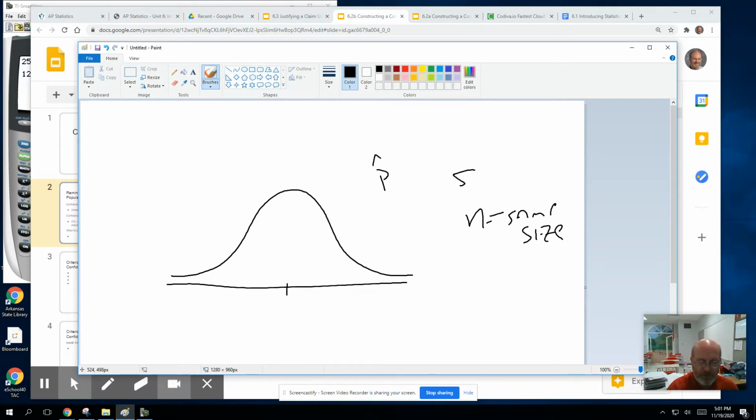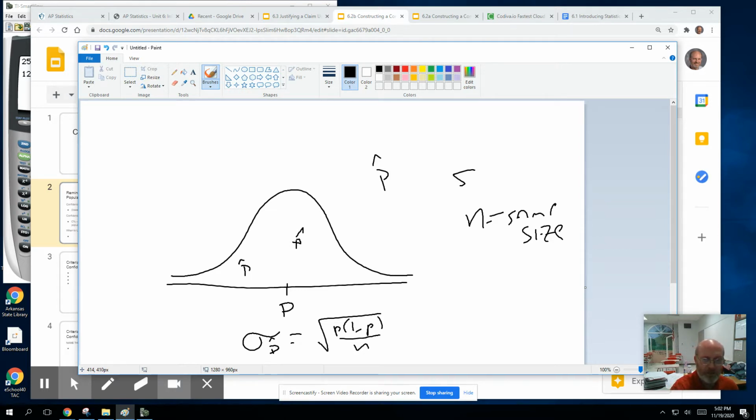And we said, if we satisfy those conditions, we'll talk about it in a few moments, that sampling distribution is going to be approximately normal, that the mean is going to be the true population parameter p, and that the standard deviation for that p-hat is going to be equal to the square root of p times 1 minus p divided by n. Recall that sampling distribution contains every possible p-hat from every possible sample of size n.